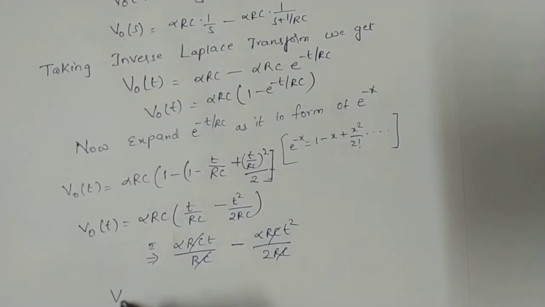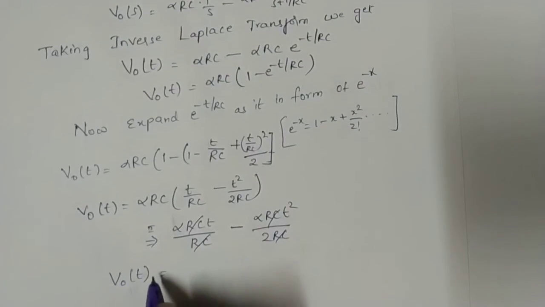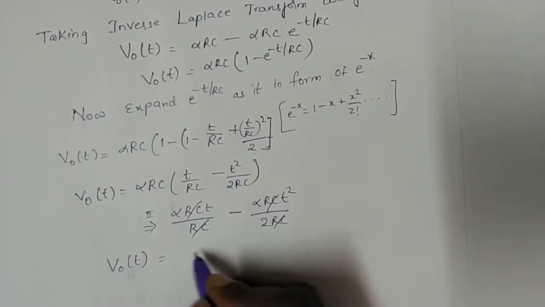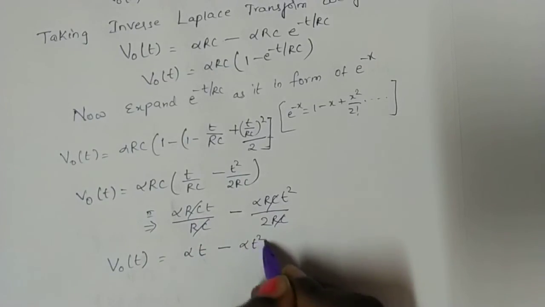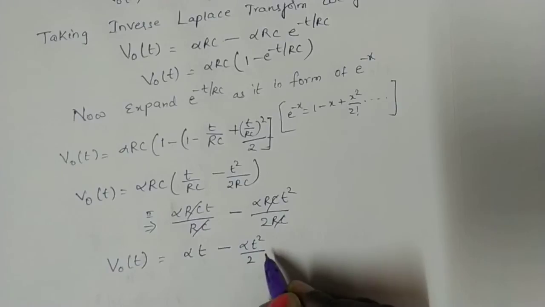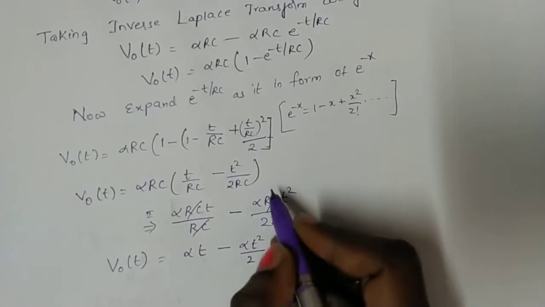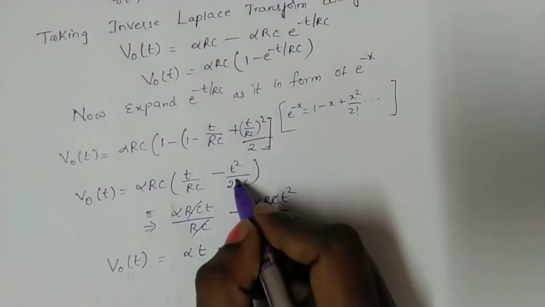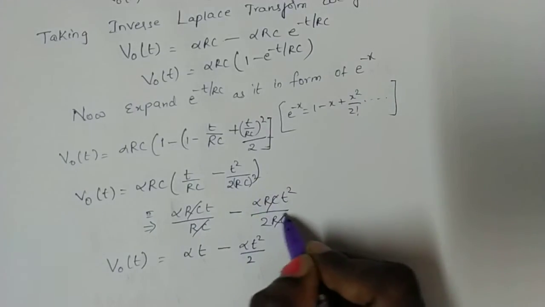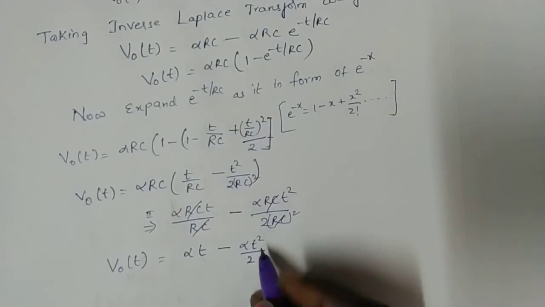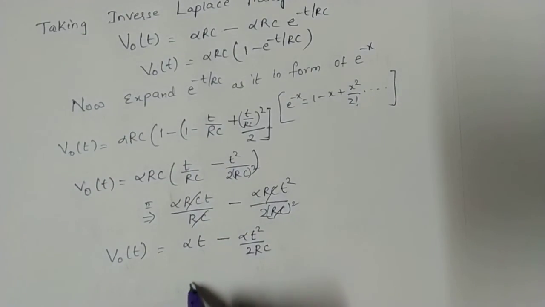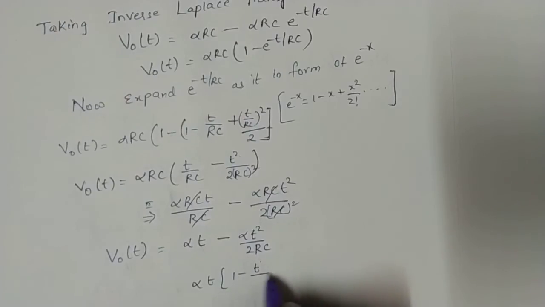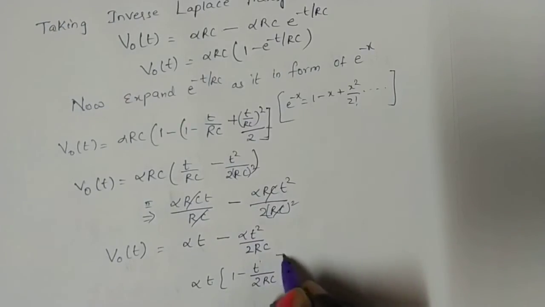Then we will get the final value of V naught of t in terms of t as alpha t minus alpha t square by 2 RC. Now taking alpha t as common, it is alpha t into 1 minus t by 2 RC.